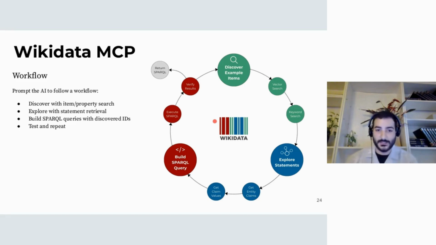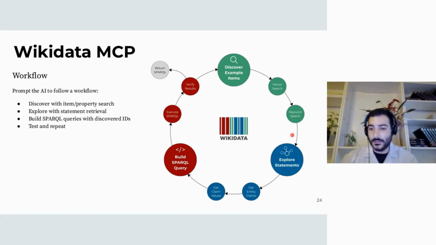If you want to test out the Wikidata MCP, I suggest you prompt the AI to follow a particular workflow, and the workflow that worked best for me is the following. You can start with a discovery of example items, using vector search and keyword search to find items that are relevant to what you're currently looking for.